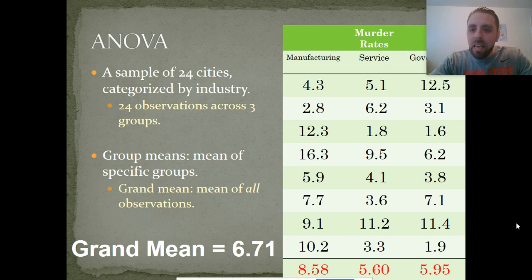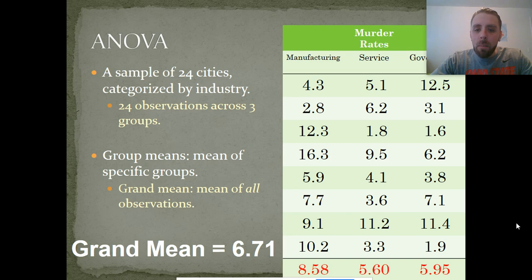And then if I add up all 24 of those observations that you see in the table and take the average, I will then get the grand mean, which works out to 6.71. Although, here's something that's pretty cool. Maybe some of you realize this intuitively, others may not. I admit this is not something I realized intuitively until it was told to me many years ago.